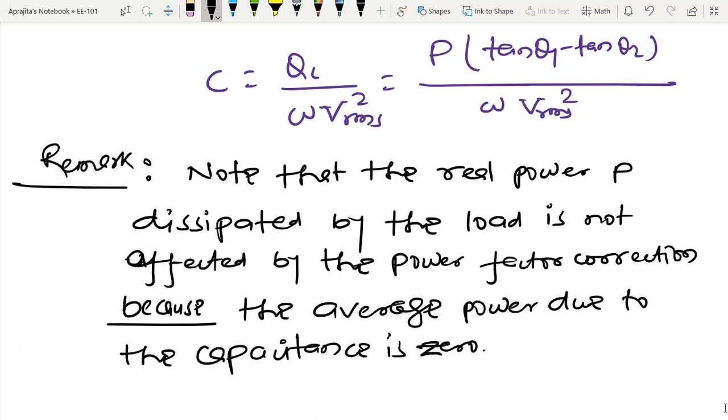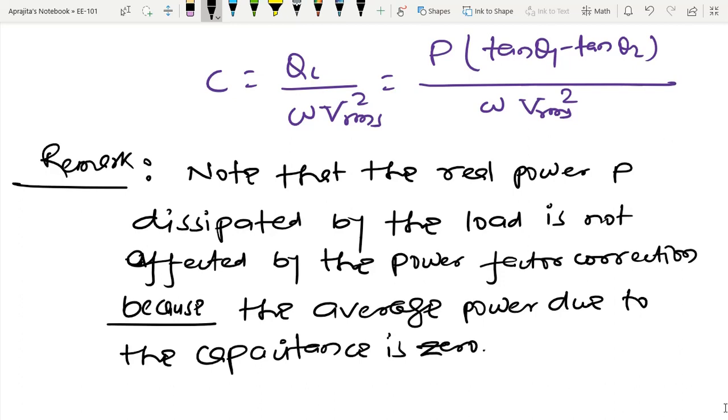Another important thing is related to measurement, that is, measuring the average power, because what we have seen is that real power is nothing but the average power. For that we are using an instrument called a wattmeter, and using that I am able to measure the real power.